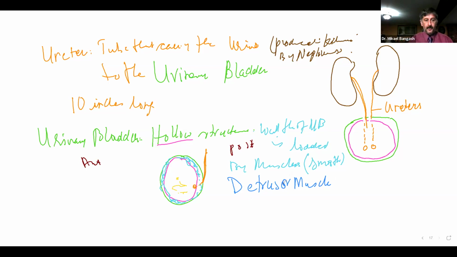Now, another thing about your urinary bladder. If we look at it in this view, this is an inside view of the bladder, looking at the posterior wall of the bladder.